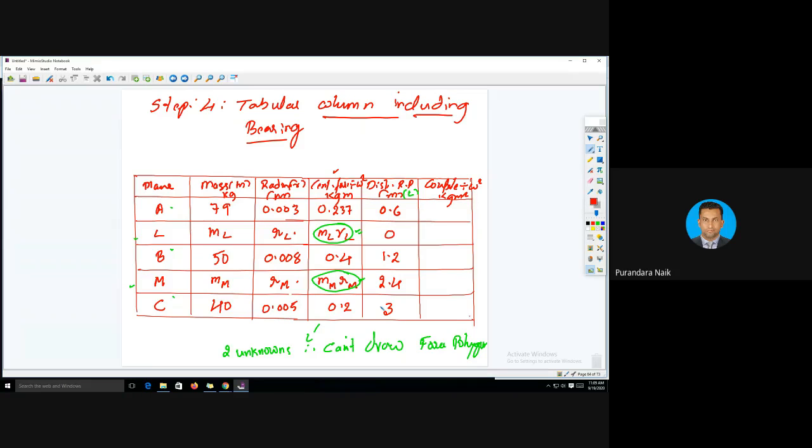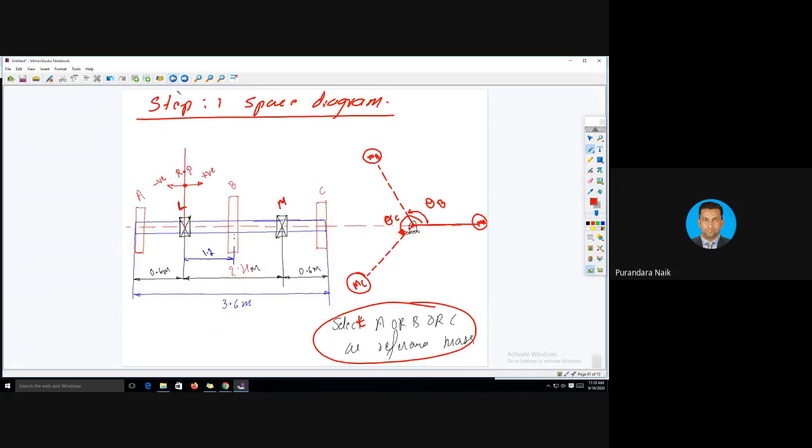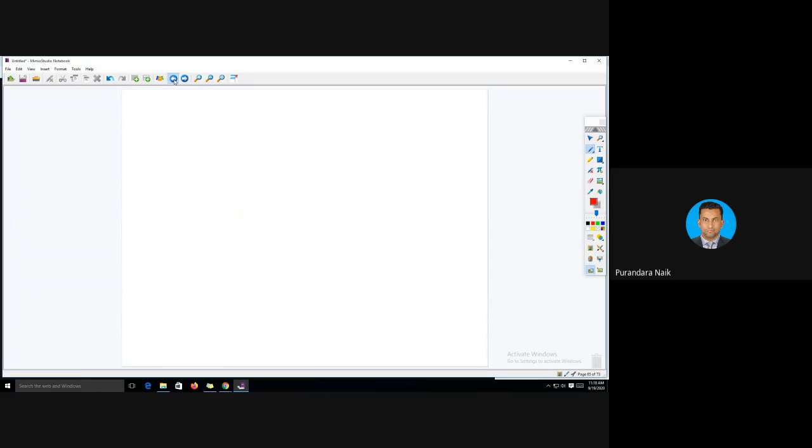Next we need to find out the couple. Couple, very simple. You can easily find out the couple. Multiply this with this, we'll get the answer for couple. The first value, I think it is negative, right? Because it is in the opposite direction, negative direction. So this is negative, A to L, minus.